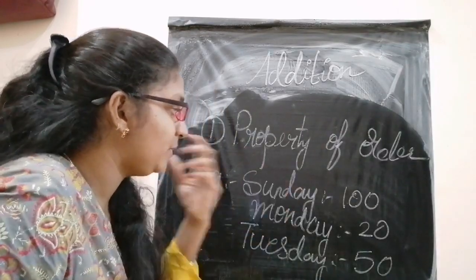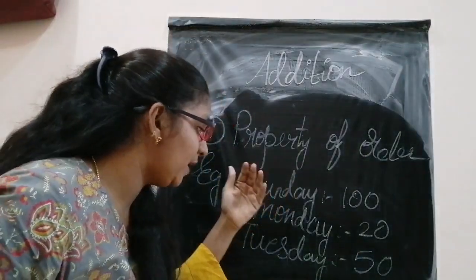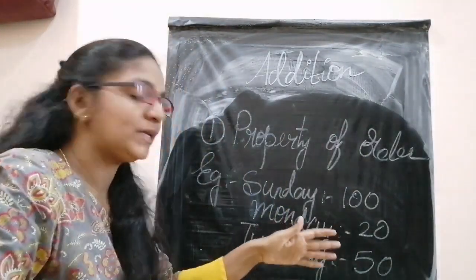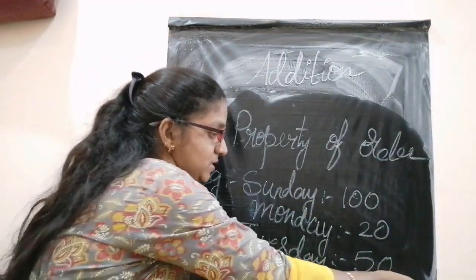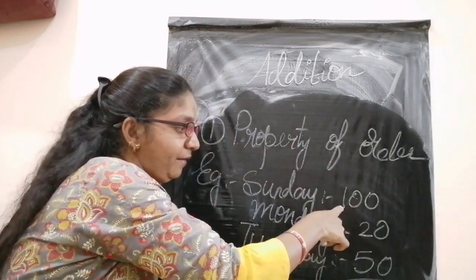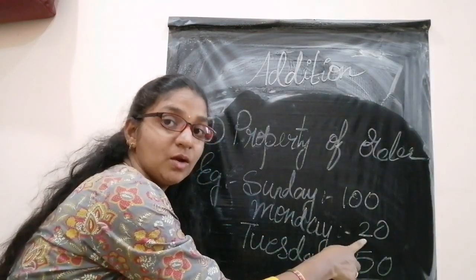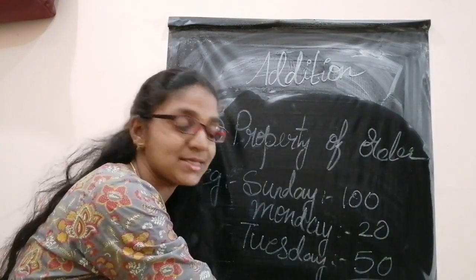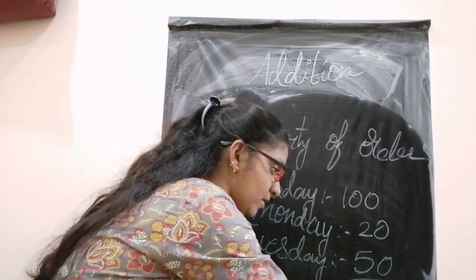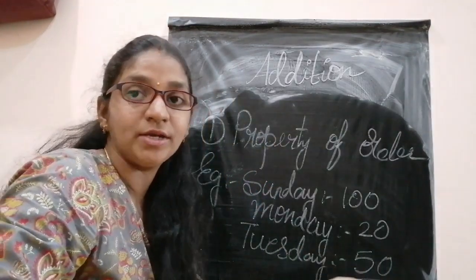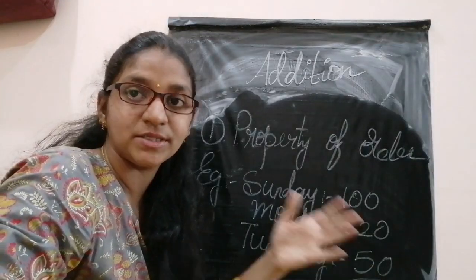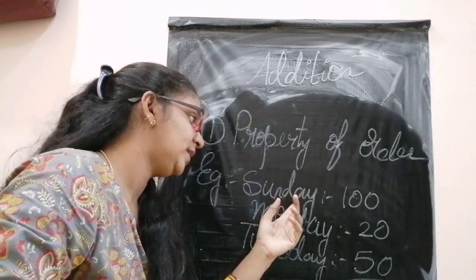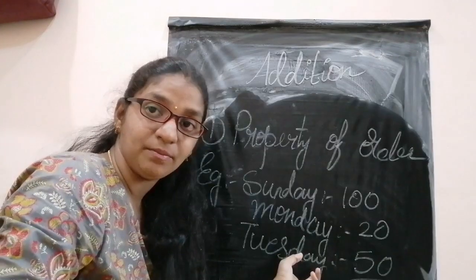So when we take the order of Sunday, Monday and Tuesday, what is the value here? How many oranges do I have in total? It is 100 plus 20, 120, 120 plus 50, 170. Therefore, in total I have 170 oranges in my hand from Sunday, Monday and Tuesday.